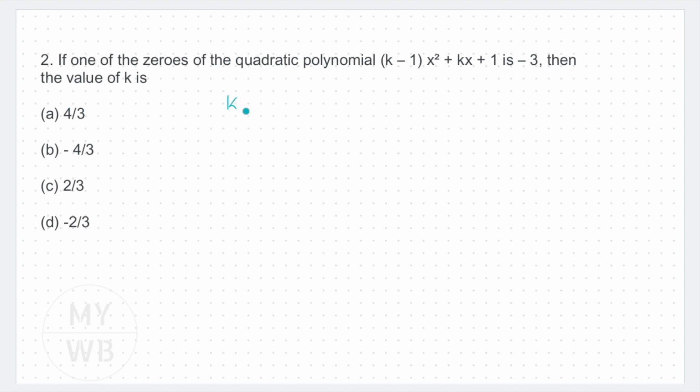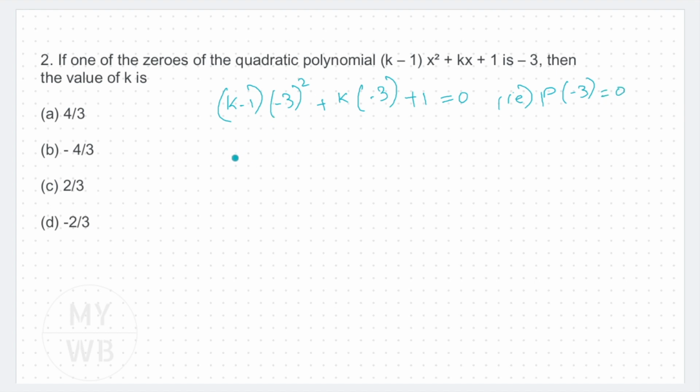So substituting x as minus 3, you have k minus 1 into minus 3 square plus k into minus 3 plus 1 will give you 0. That is, we are doing p of minus 3 and equating it to 0.